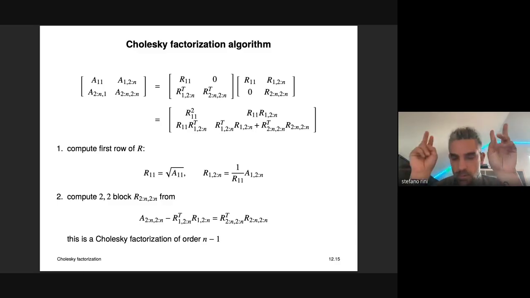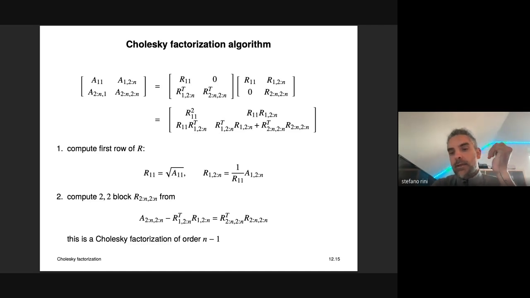When you see a square root, your little engineering antennas go up, because positive square roots, without getting imaginary numbers into the mix, exist only if A11 is positive.